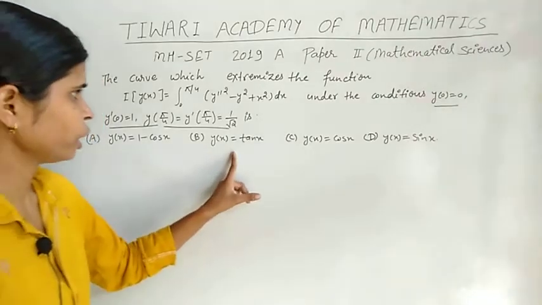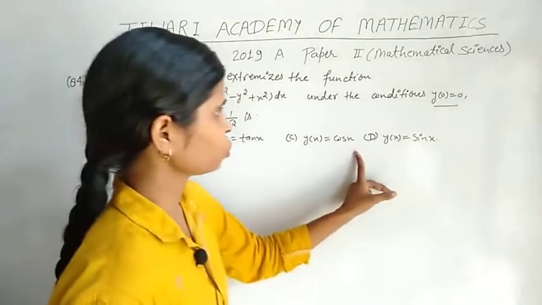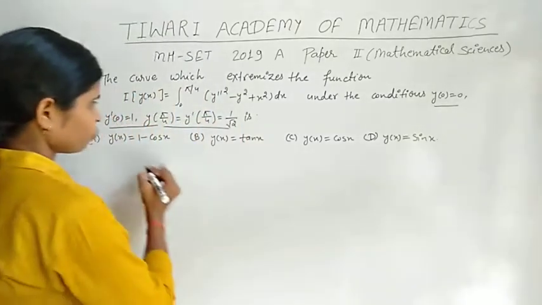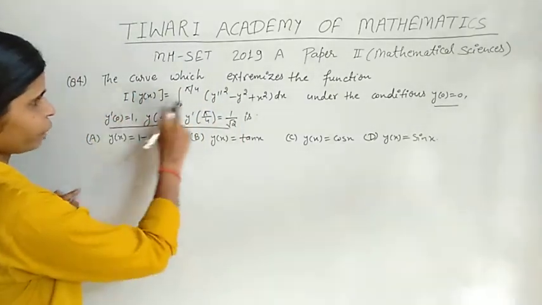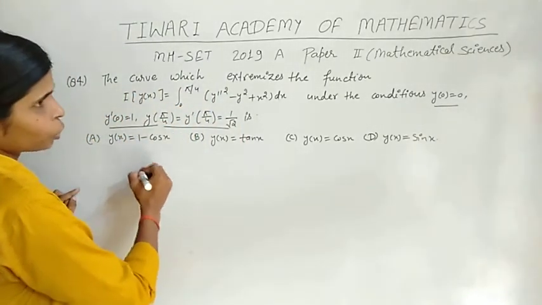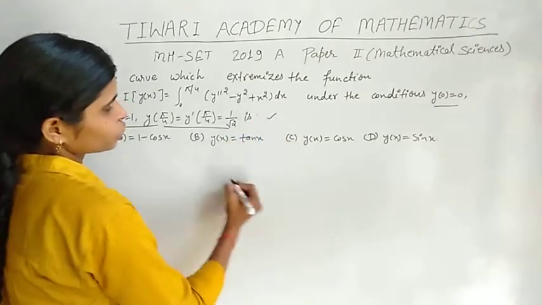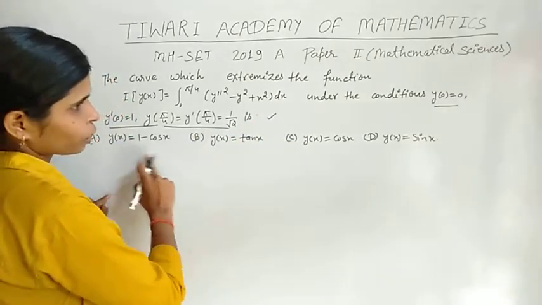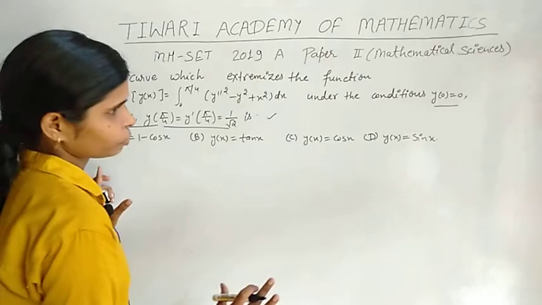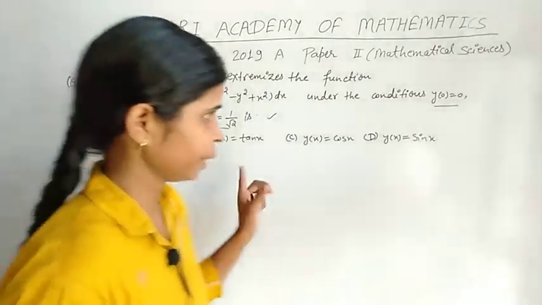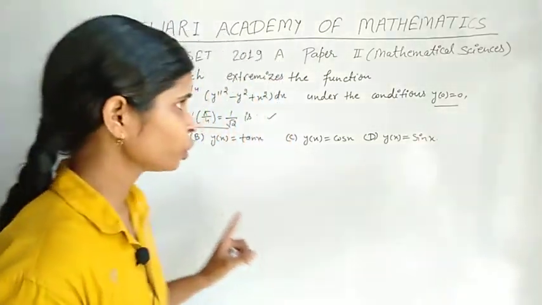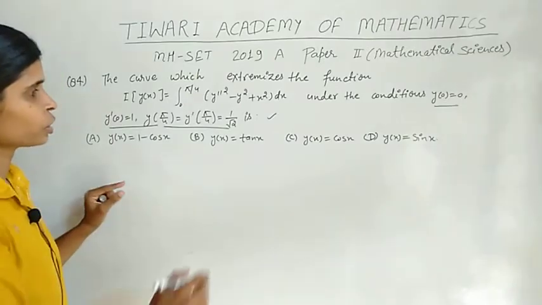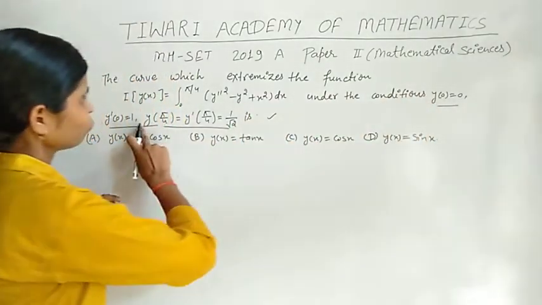The options: y(x) this, y(x) tan x, y(x) cos x, y(x) sin x. Here derivative values are given, which satisfy these conditions. Because options are given, we choose those options which satisfy these 4 conditions.